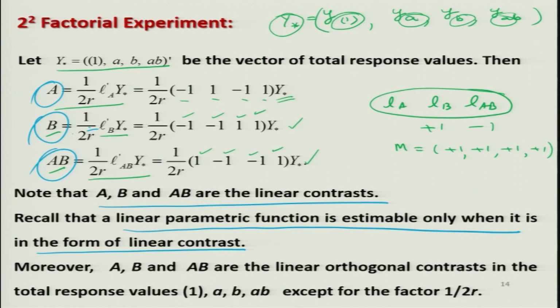At that time you also learned the concept of orthogonal linear contrast. So you can see that A, B and AB are also linear orthogonal contrasts in the total response values 1, a, b, ab, except for the factor 1 upon 2r. 1 upon 2r is coming because of other reasons, because you are taking the averages, right? So I hope I have made it clear that all those expressions are in the form of a linear contrast.